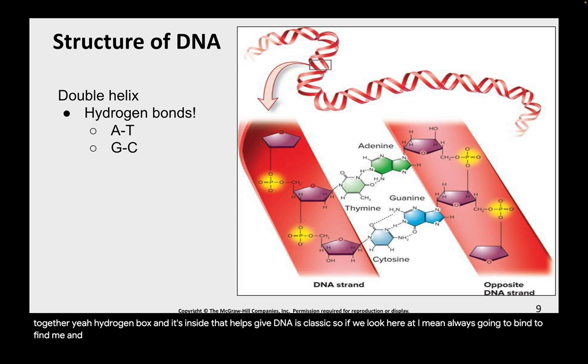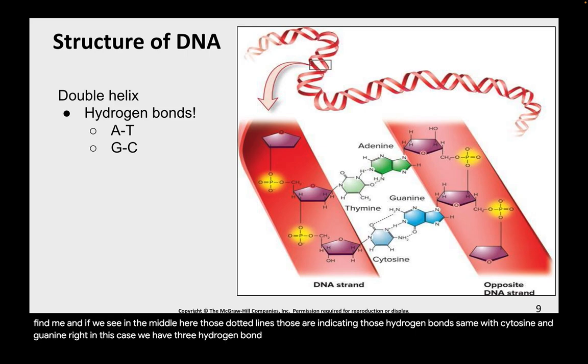And if we see in the middle here, those dotted lines, those are indicating those hydrogen bonds. Same with cytosine and guanine. Right? In this case, we have 3 hydrogen bonds. So not only do they play a role in the structure of the DNA and creating that double helix with those hydrogen bonds, they're also going to encode all of our genetic information, which we'll get into later this semester.